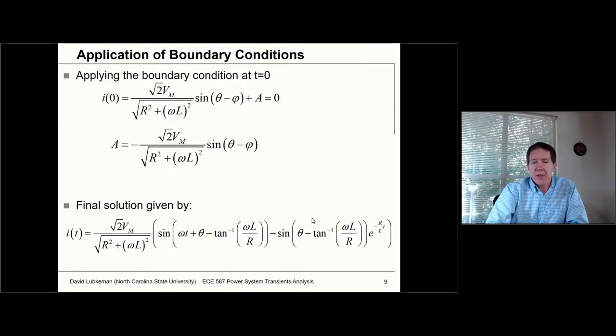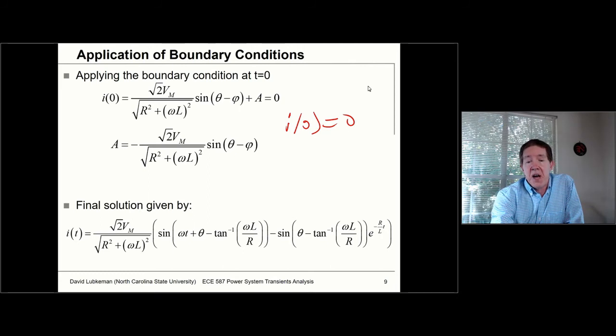In order to get this, we need to apply the boundary condition. And the boundary condition, as we talked about at the very beginning, for the case of no load, is that the current at time 0 is equal to 0.